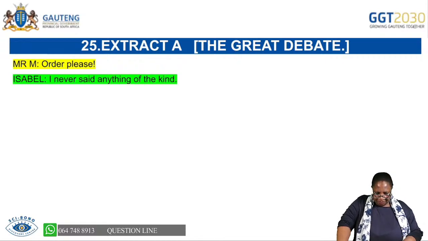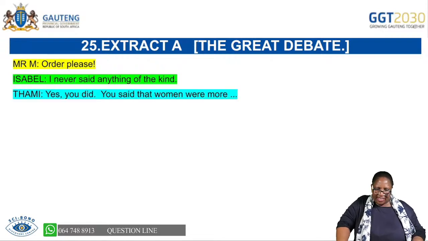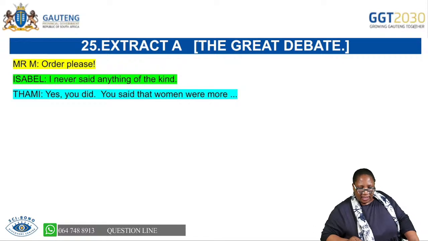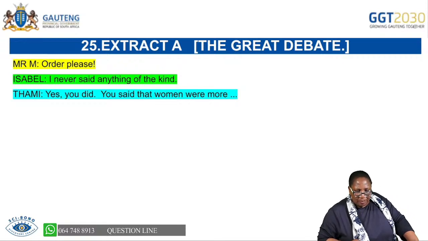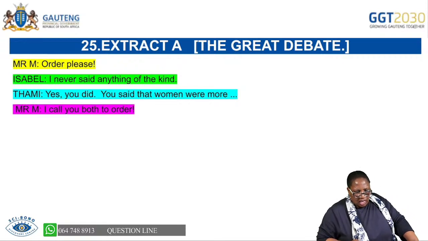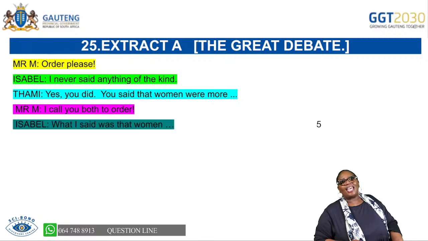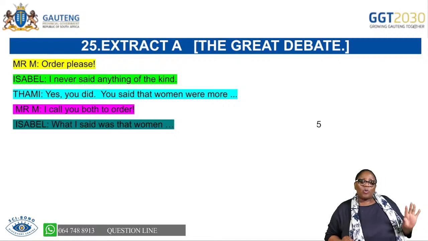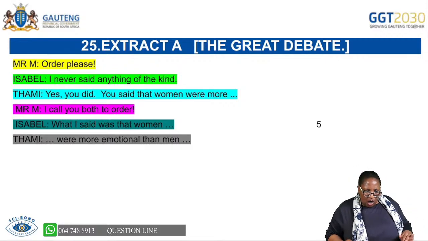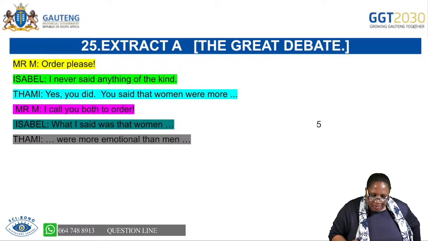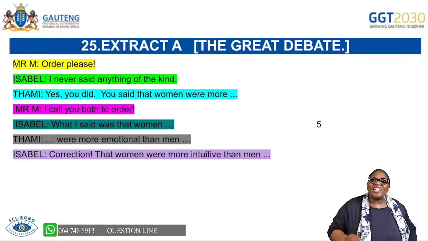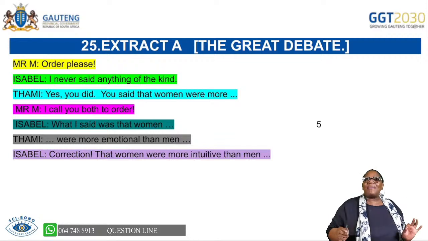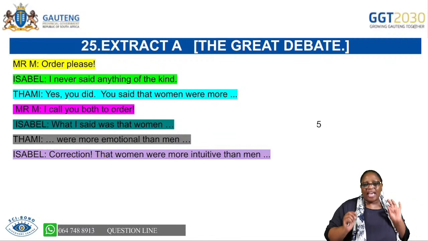Order, please. I never said anything of the kind. Yes, you did. You said that women were more. I call you both to order. That's Mr. M. Isabel says, what I said was that women were more emotional than men. Correction, Tammy, that women were more intuitive than men.